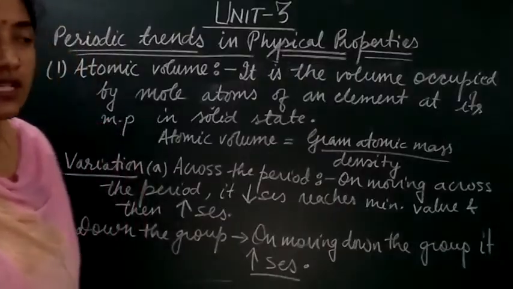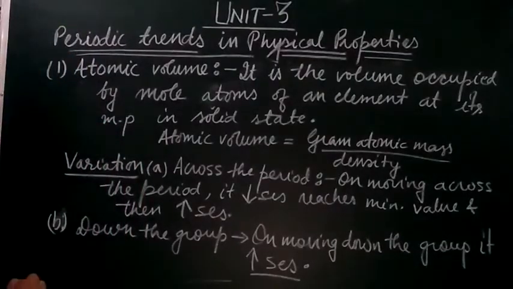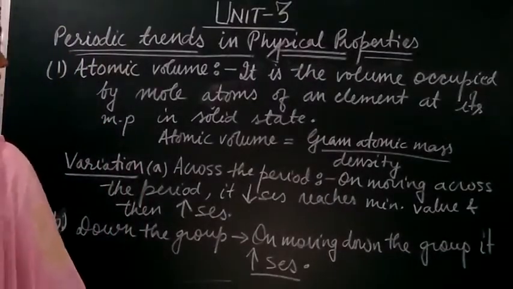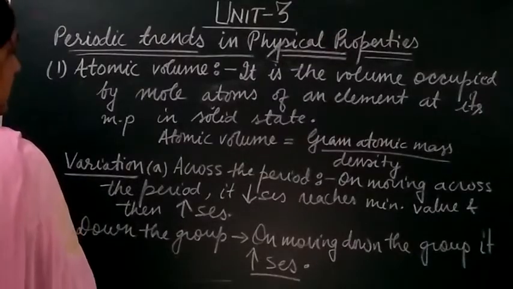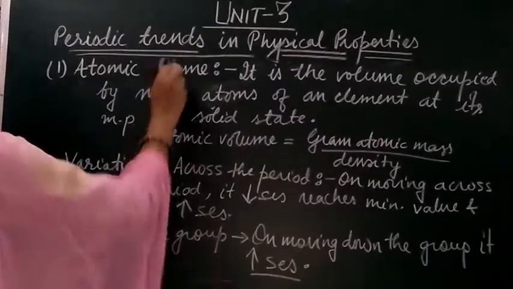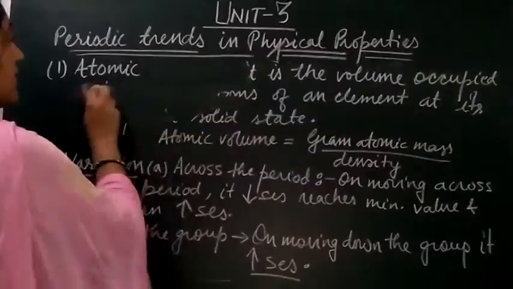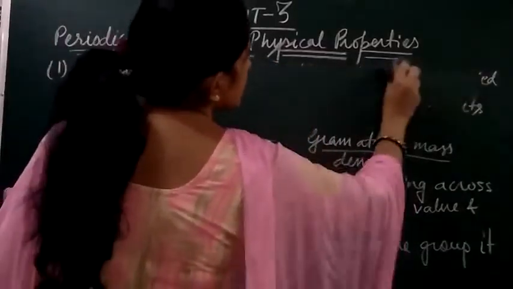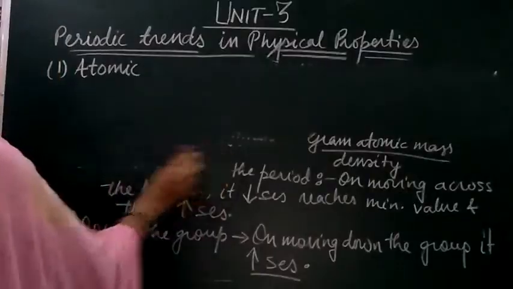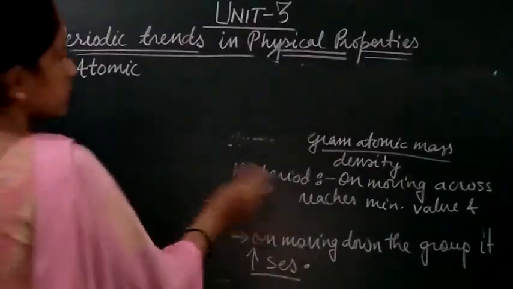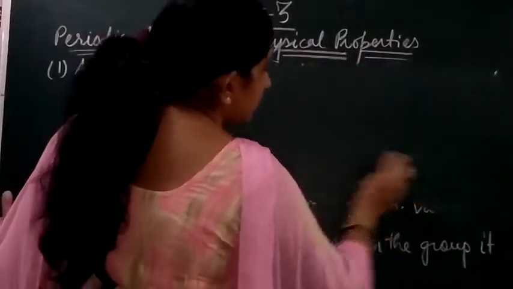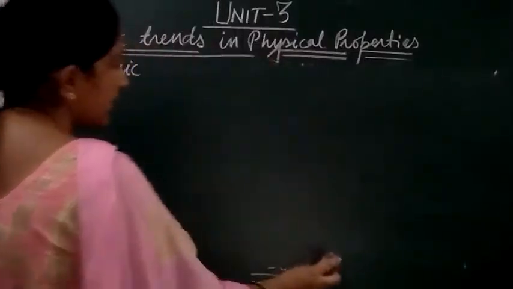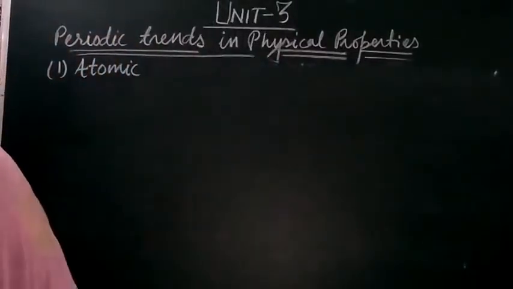Now students, we will discuss the next periodic property, that is the atomic size. The atomic size generally refers to the size of the atom. What are we going to interpret by the size of the atom here?